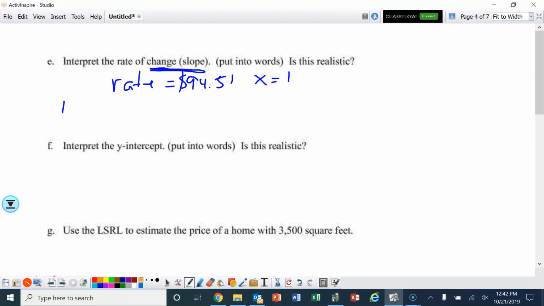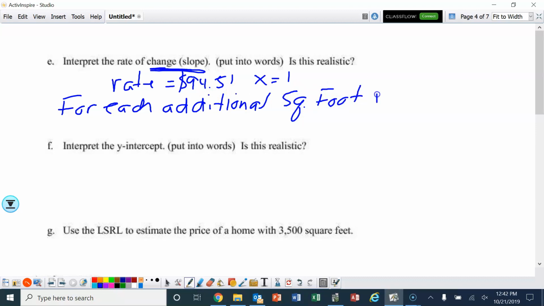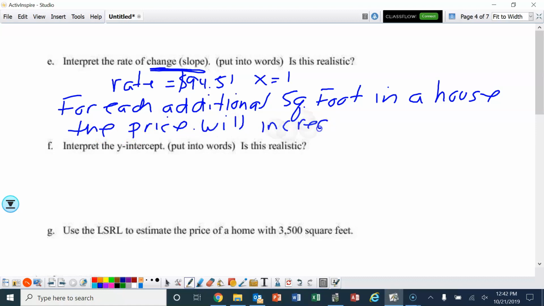So what does that mean? For each additional square foot in a house, the price will increase $94.51.